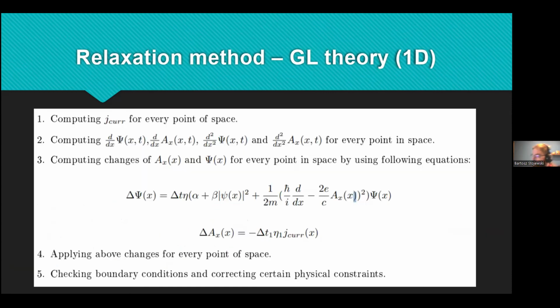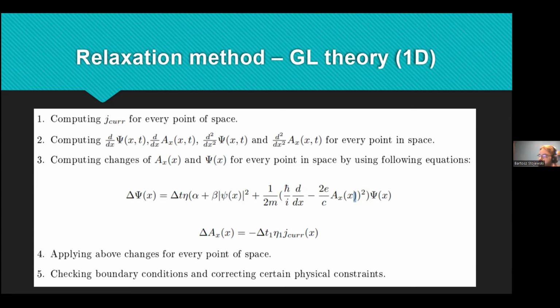To apply a relaxation method to the equation, we need to follow certain steps. We must assume values of the vector potential Ax and the order parameter psi from X, as well as the points and values of certain variables.